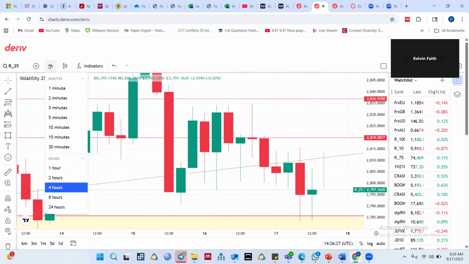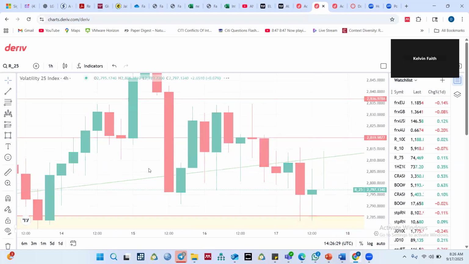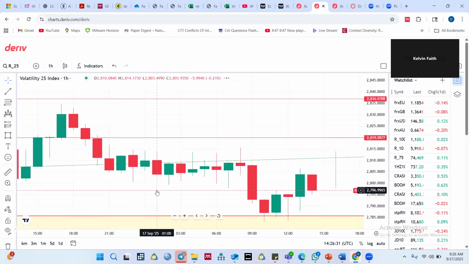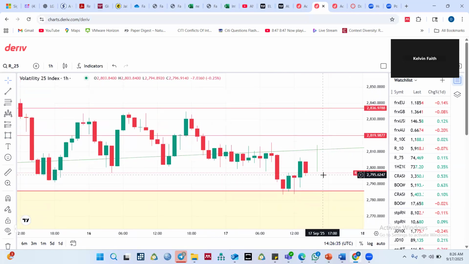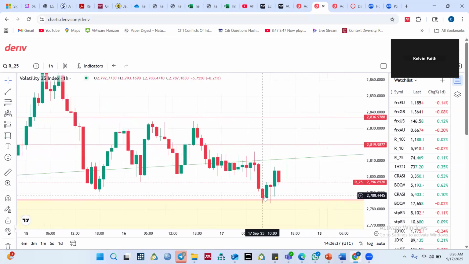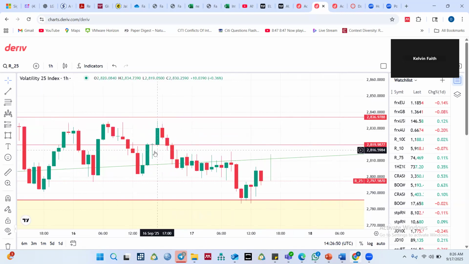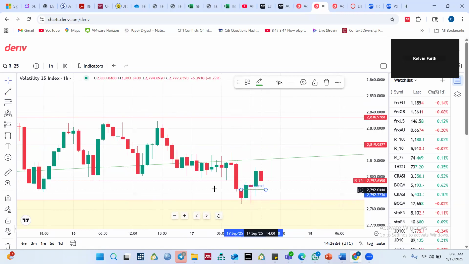So let's go to the 1 hour to see what is happening. On the 1 hour, around this support area, price hit there, and we saw an engulfing candle that closed above the last 1 hour candle here.